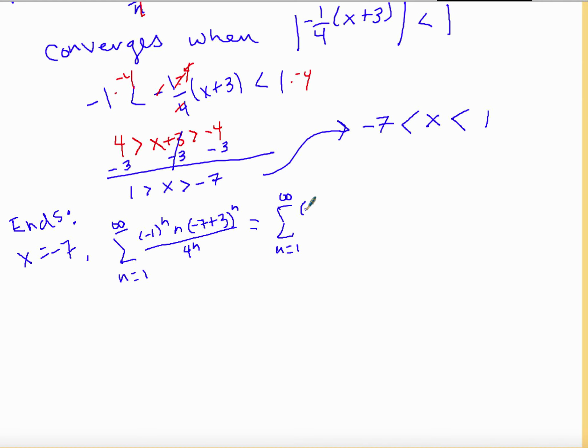That's going to give me negative 1 to the n times, well, negative 7 plus 3 is negative 4, all divided by 4 to the n power.